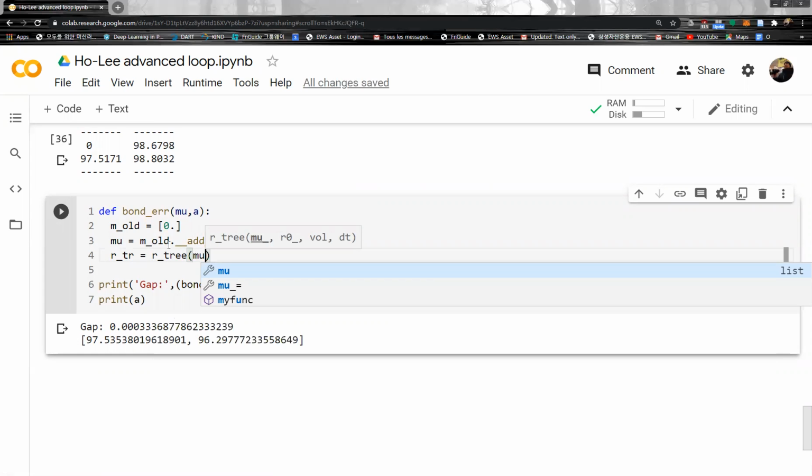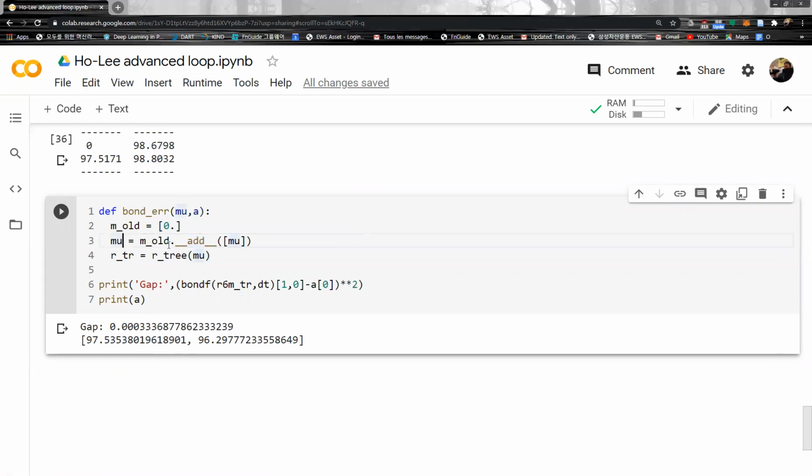Okay. Actually, the name is M world. So let's make it M world, and simply update it and copy paste this one. And the other inputs are R0, volatility, dt.